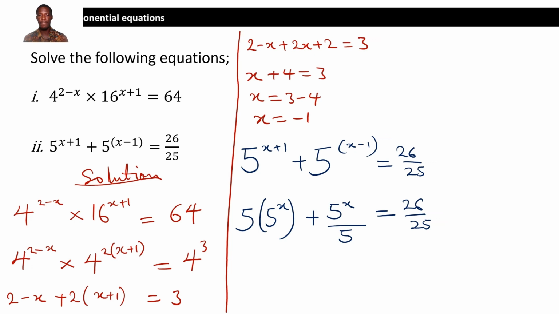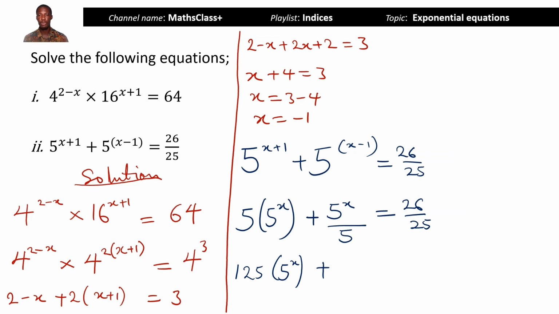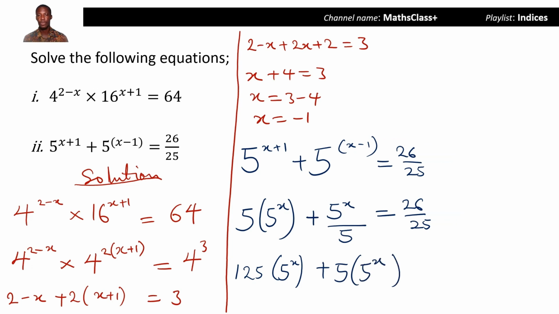So I multiply 5 by 25, and that gives me 125, multiplying 5 to the power x. Then, when I'm multiplying 5, I also divide by 5. So, multiplying 25, I also divide by 5. So here it becomes 5 multiplying 5 to the power x, which will be equal to 26.